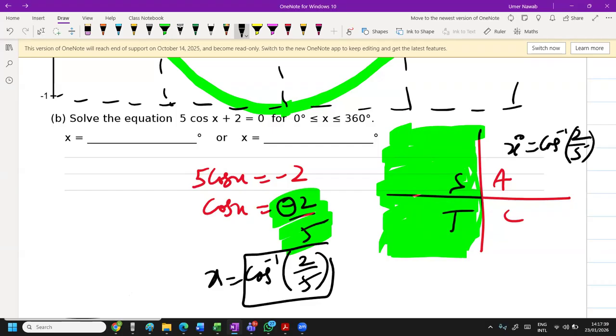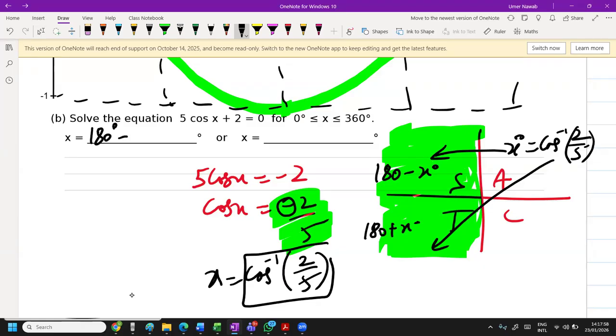I don't need this reference angle, but this answer will help me send the answer into the second quadrant and third quadrant. The second quadrant angle is 180 minus x, and for the third quadrant it is 180 plus x. And I'm writing the exact answer to save time.